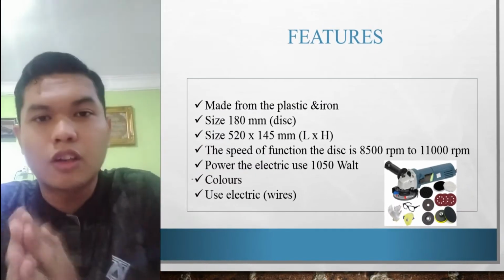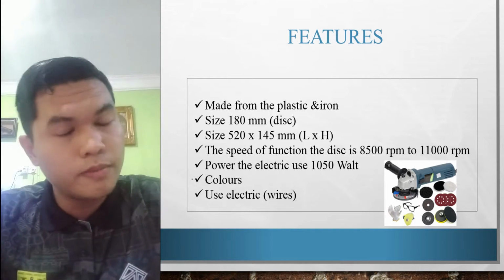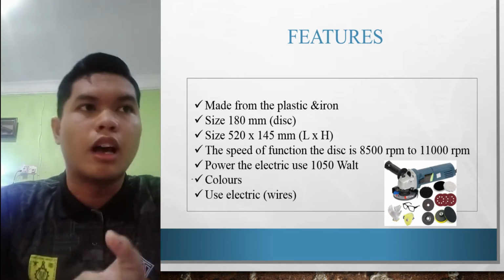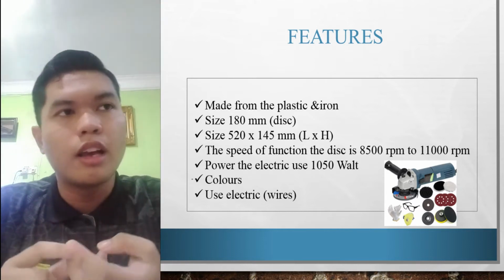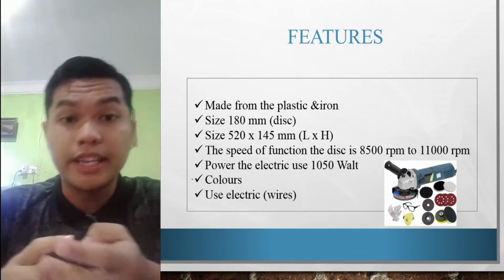Now, I want to talk about our product features. As you know, my team's product is a grinder machine. First of all, the grinder machine is made from plastic and iron.